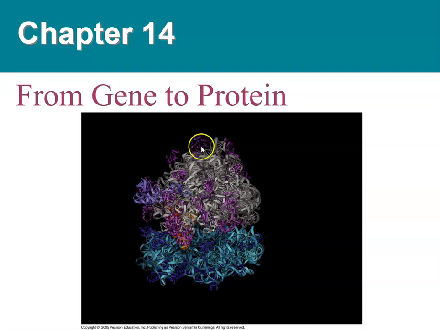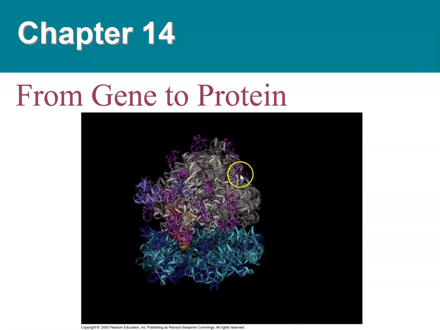The larger subunit is made of 33 different proteins and also RNA, ribonucleic acid. The reason for the different colors is to depict the different polypeptides that comprise the proteins. And you can see that there's what looks like DNA in there, but that's actually RNA.